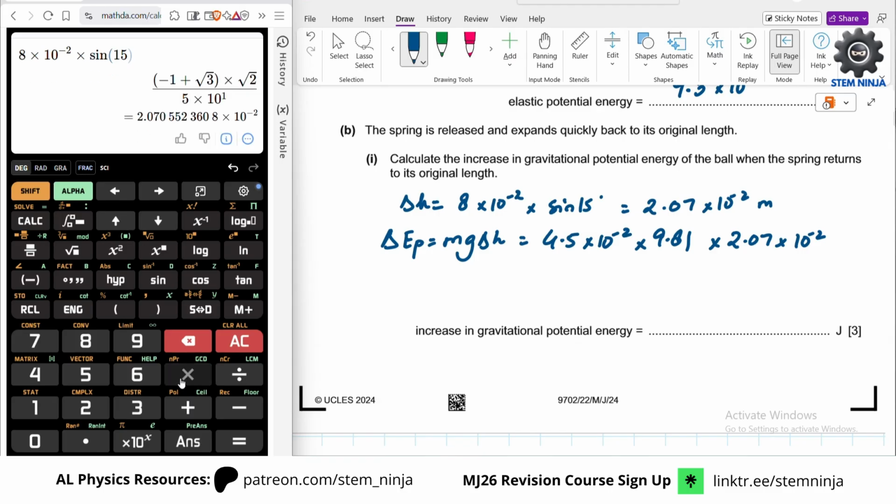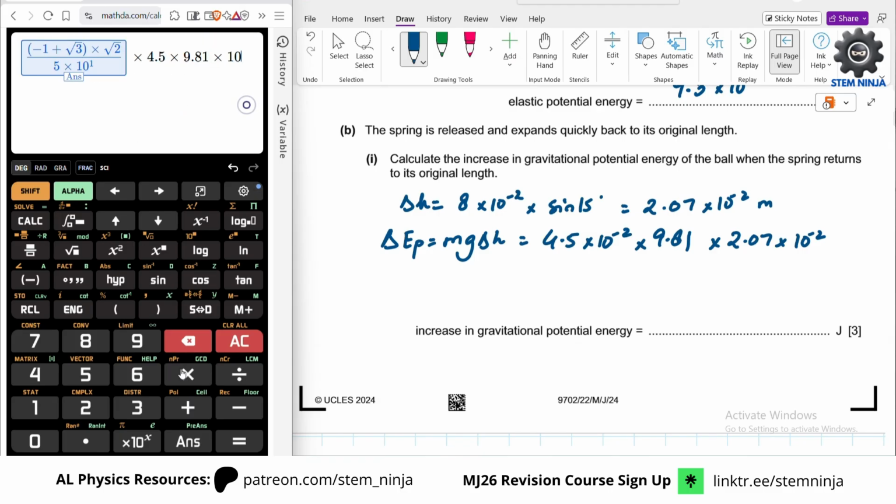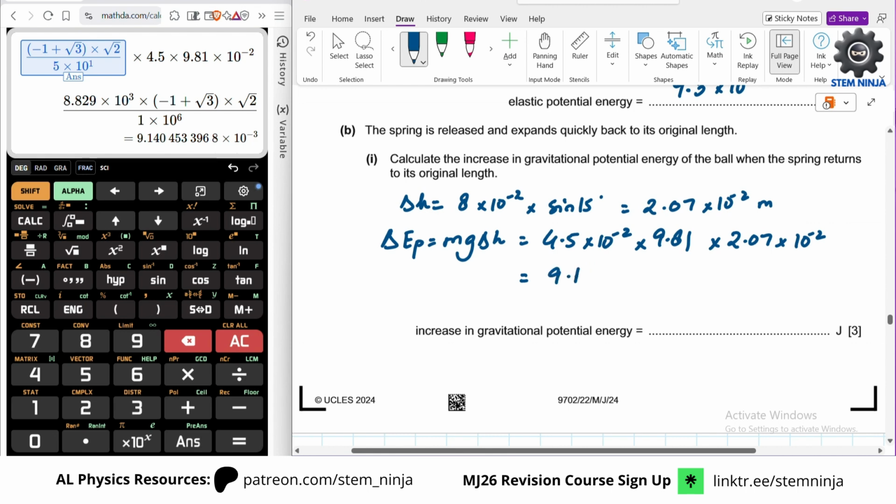So this value times by 4.5 times by 9.81 times by 10 raised to the power minus 2, we get 9.14 times 10 raised to the power minus 3. So this is 9.1 times 10 raised to the power minus 3 joules.